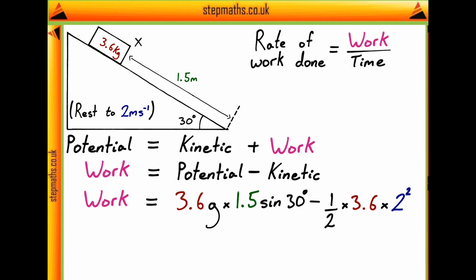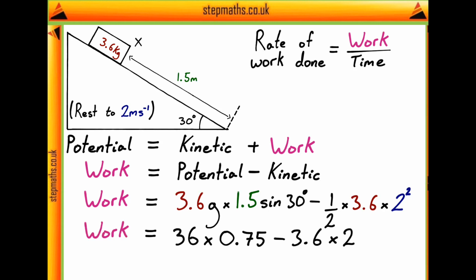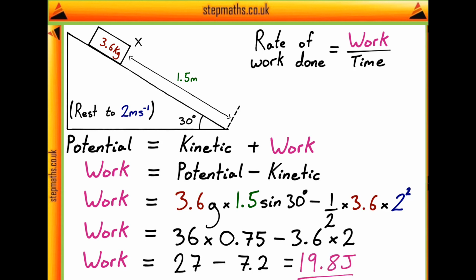Then working this through, we get this, because we take g to be 10 in this question, so 36 multiplied by 0.75, since sine of 30 degrees is just a half, so a half of 1.5 is 0.75, and then our half cancels out with one of our 2s that's squared. Then doing a bit more multiplication, we get that our work is just 27 minus 7.2, or 19.8 joules.